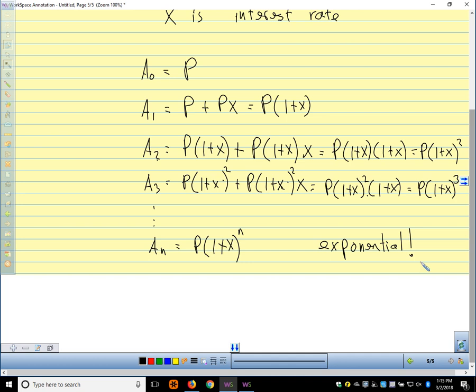Usually we have a yearly interest rate, 5% per year or something, and our pay periods are a certain number of times per year. So we might get paid 12 times a year or 4 times a year, something like that. So we want to adapt this formula to work in that situation. I wrote down this formula to show that it is exponential, so we're going to adapt it to how it's really used.